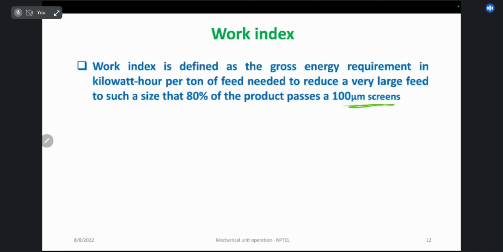Okay, so whatever your product is, if 80% of that product can pass through the 100 micrometer screens from the very large feed, then the amount of energy required per ton of the feed is known as the work index. It's not a very difficult thing.